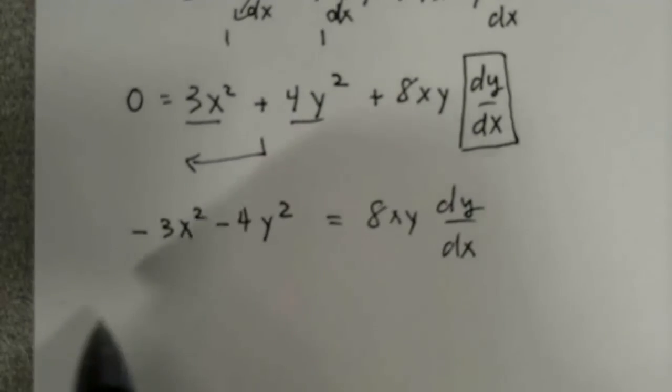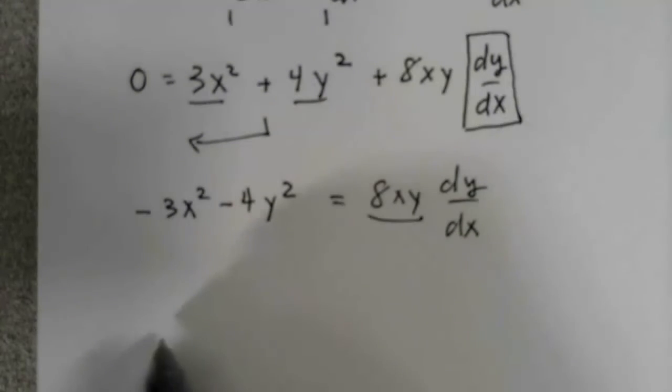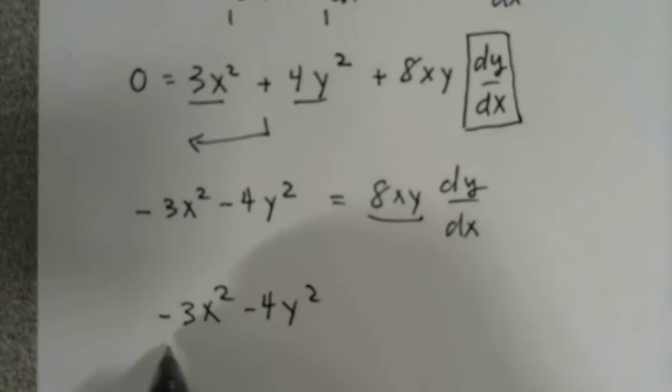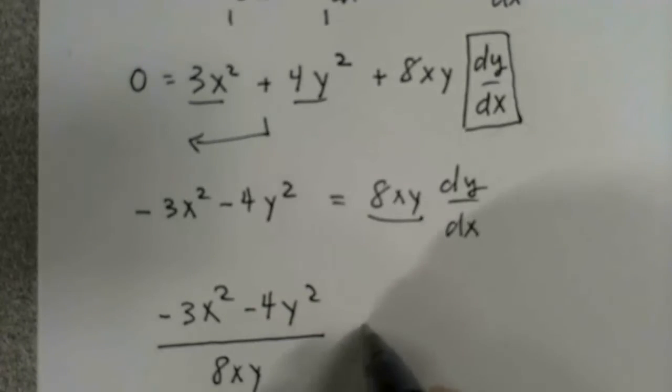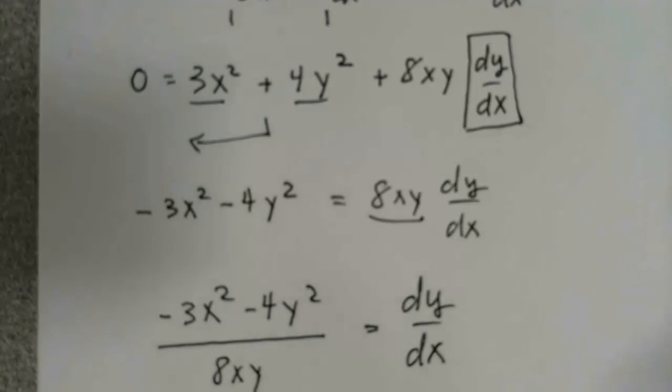And now we're going to divide this left side by 8xy. So that is negative 3x squared minus 4y squared over 8xy. That equals my dy dx.